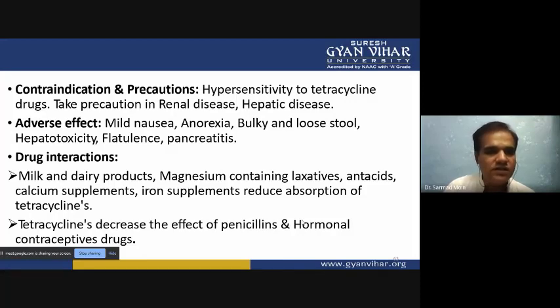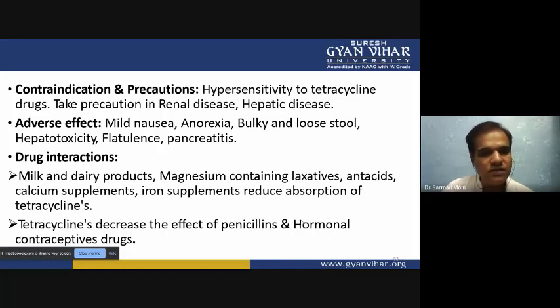Now, for drug interactions: milk and dairy products, magnesium-containing laxatives, antacids, calcium supplements, and iron supplements reduce absorption of tetracycline. So when we are giving tetracycline to patients, we should advise them not to take milk and dairy products, magnesium-containing laxative agents, antacids, calcium supplements, or iron supplements.